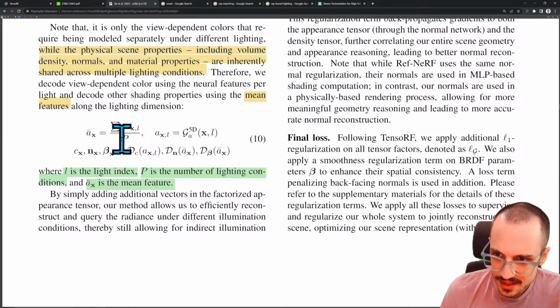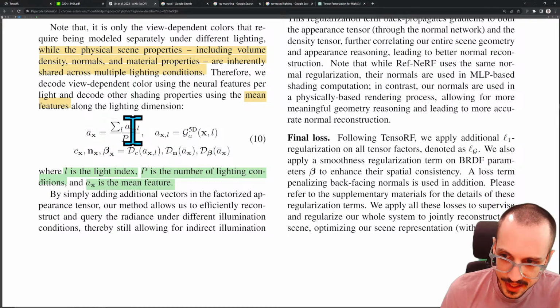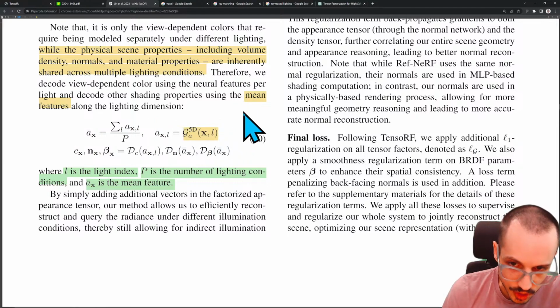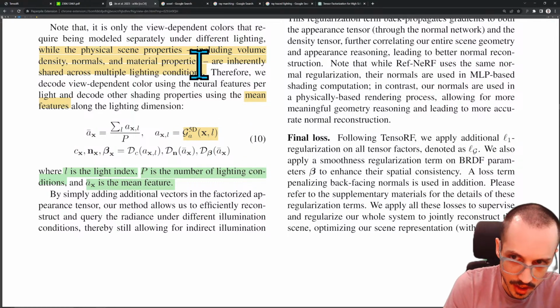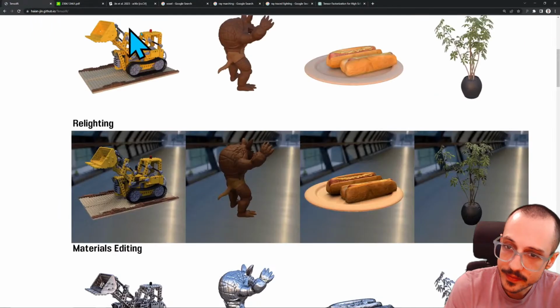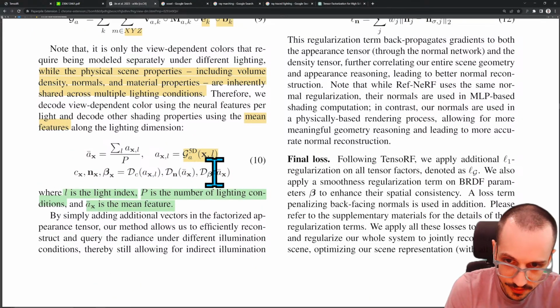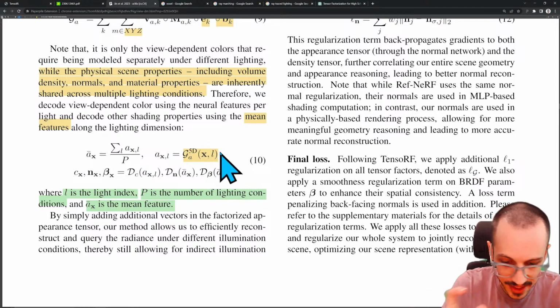So the mean feature for the lighting, I guess. There's L total lights. So you're summing over all the lights, getting the feature A_X for the light L, summing over all of them and then dividing by the number of lighting conditions. And that gives you the average lighting feature. And the average lighting feature is what comes out of your 5-dimensional appearance tensor, which is a function of a point in space and L, the light index.